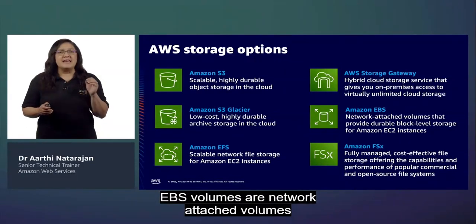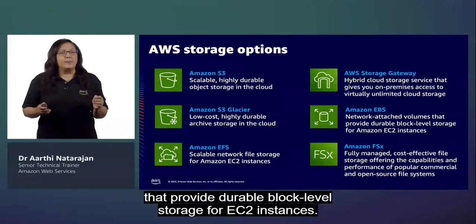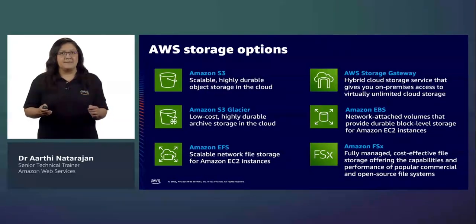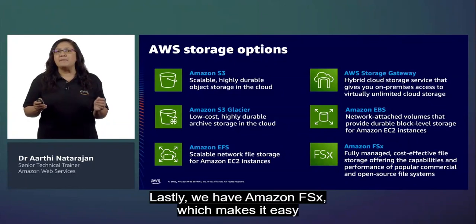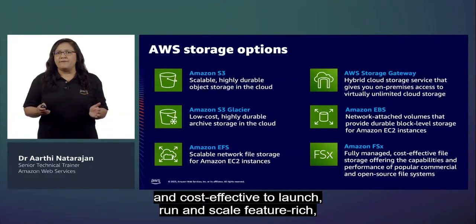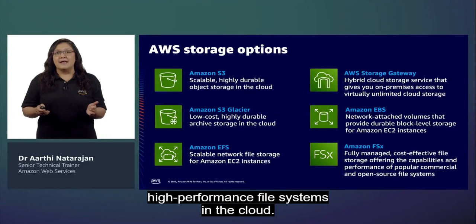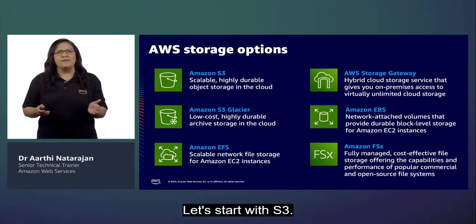EBS volumes are network-attached volumes that provide durable block-level storage for EC2 instances. Lastly, we have Amazon FSx, which makes it easy and cost-effective to launch, run, and scale feature-rich, high-performance file systems in the cloud. Let's start with S3.